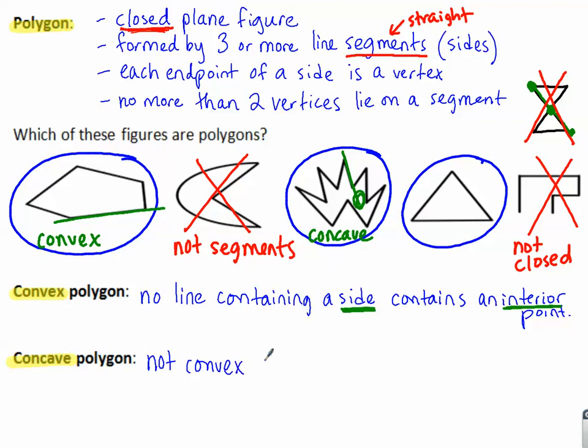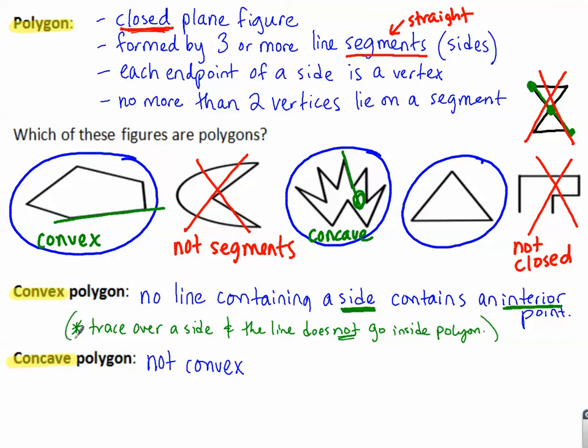So again, just to think of convex, think of it as trace over a side and the line does not go inside the polygon.